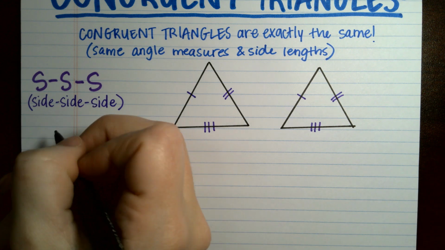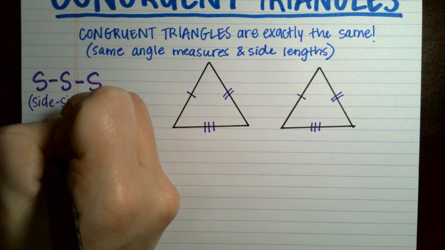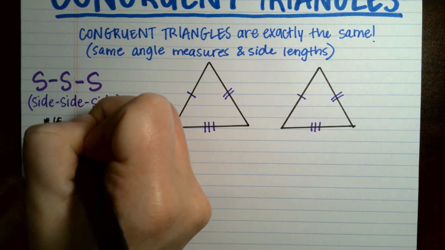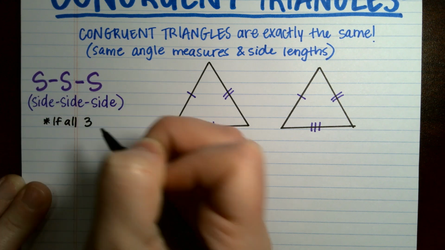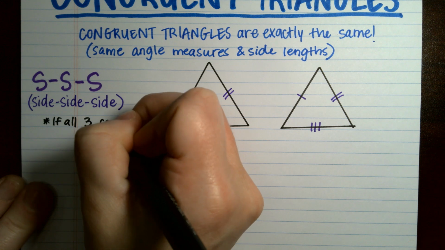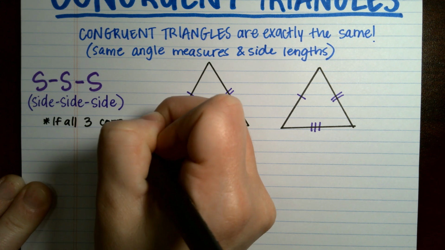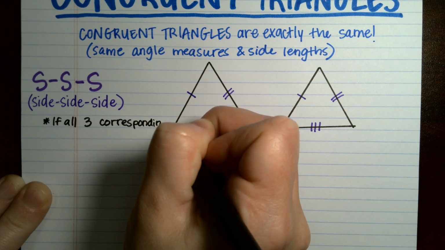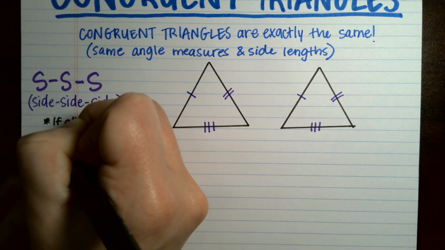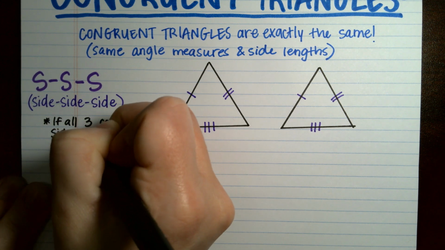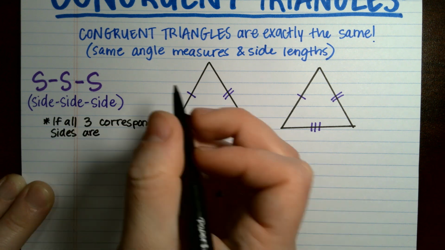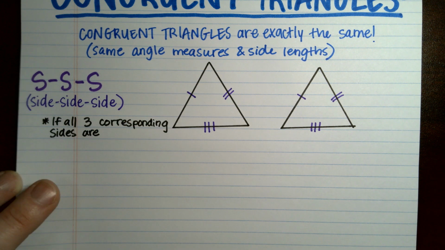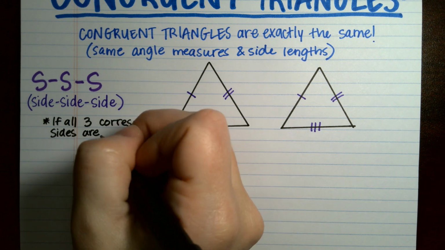So we'll say if all 3 corresponding sides, we're going to write the congruent symbol instead of the word congruent.